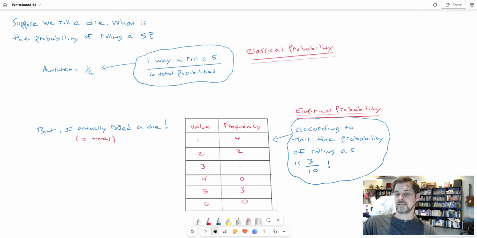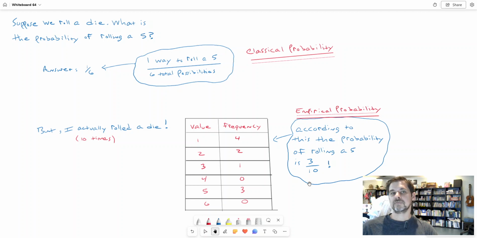And I think that's actually how we could reconcile these numbers. If I took this die and kept rolling it, and I don't know how many times I would have to do that, maybe 100 times, maybe 1,000 times or more, then these frequencies would even out and each roll would seem to be equally likely with a probability of 1 out of 6 once you reduce the fraction.